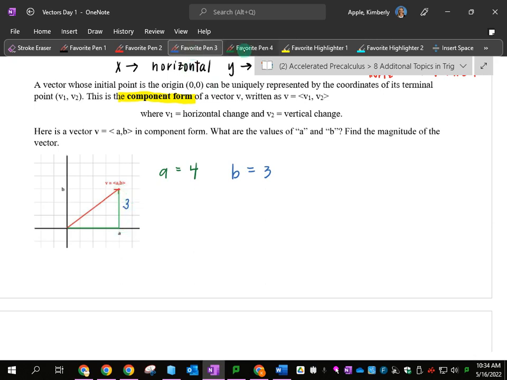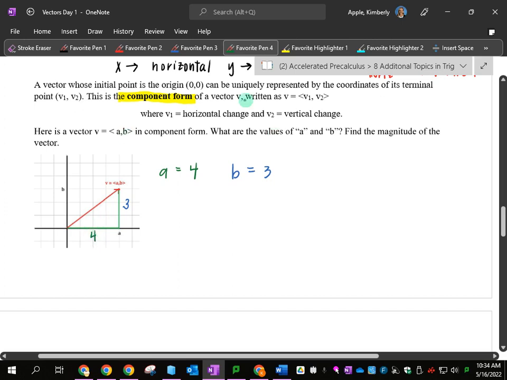So this is 3 and this is 4. So notice we call it component form because we are writing the vector in its horizontal and vertical components, right? So the component form is 4, 3. So this is the horizontal change 4 units and the vertical change 3 units. So this is the component form of the vector that ends at that point.